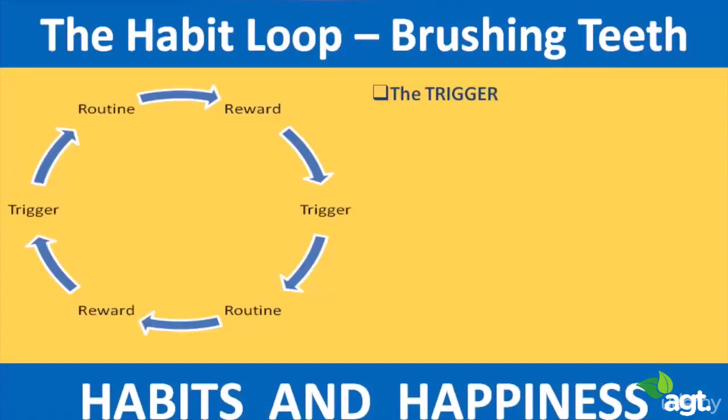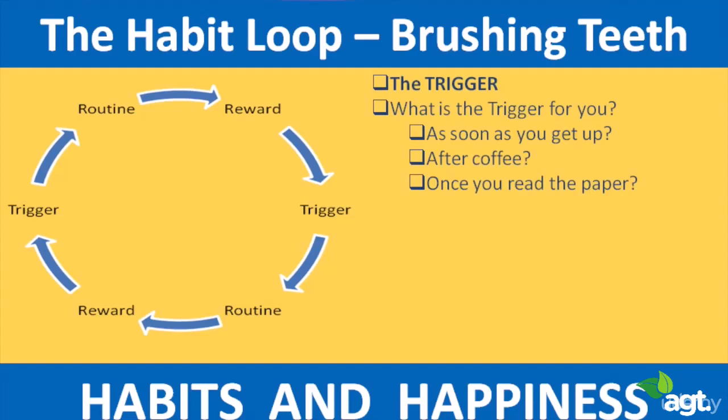It starts with the trigger. Chances are, maybe it's first thing in the morning, as soon as you get up, you go brush your teeth. Maybe it's after you have a coffee. Maybe it's before you go to work, after you watch TV, after you read the paper, whatever it is, but there is a certain time, think about it, that you brush your teeth. Something triggers it.